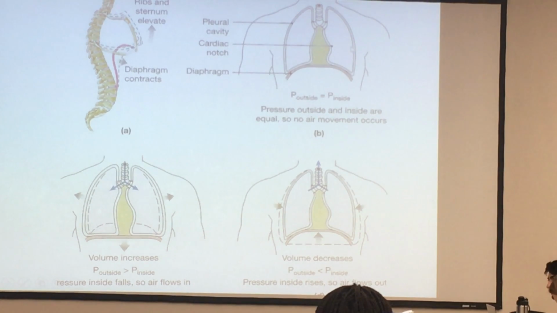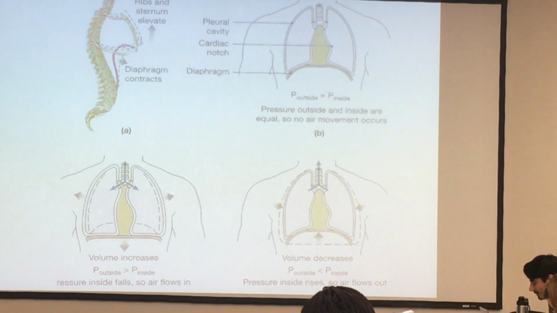If air is not moving in or out, the atmospheric pressure outside and the pressure in the lung will be the same. If the outside pressure is greater than inside, the air moves in. Just know air always goes from high pressure to low pressure. And if the inside pressure is greater than outside, the air will move out. So very simple, okay?